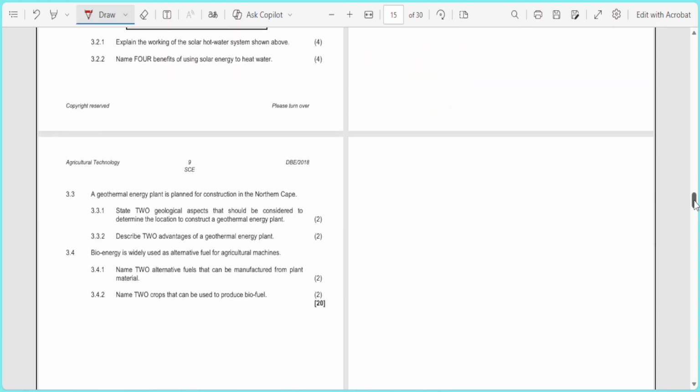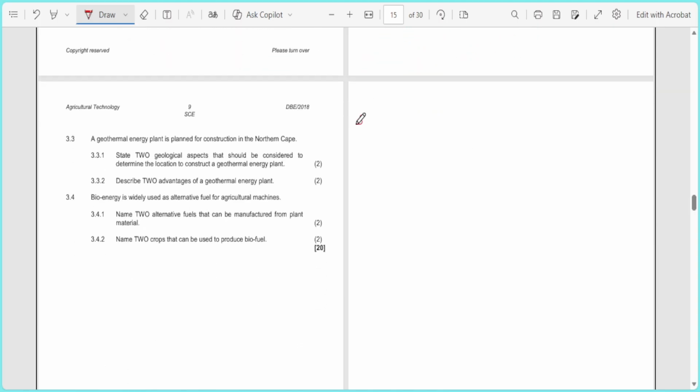3.3, we have a geothermal energy plant that is planned for construction in the Northern Cape. We have to state or give two geological aspects that should be considered to determine the location of constructing a geothermal plant.